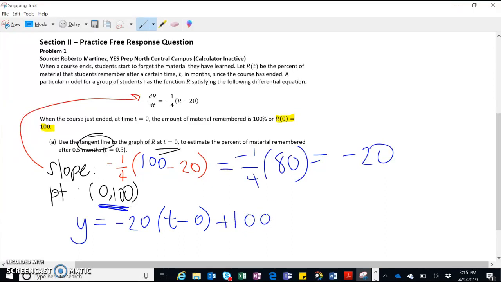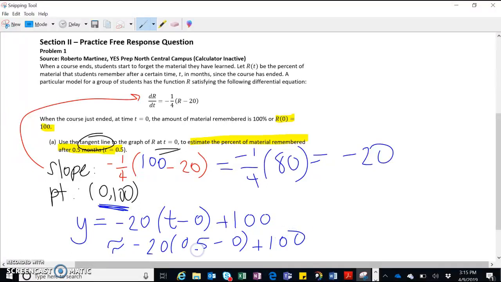Perfect, equation of a tangent line, which I'm then asked, if I go back to the problem, to use that line to estimate the percentage of material that's remembered after 0.5 months. So I can come back here and say, well, my estimated material here that I've internalized is approximately -20 of 0.5 minus 0 plus 100.